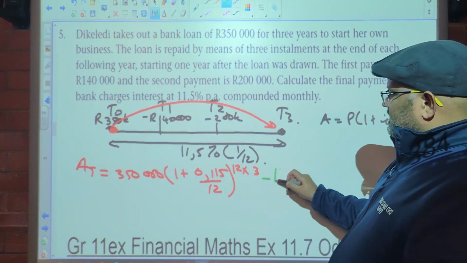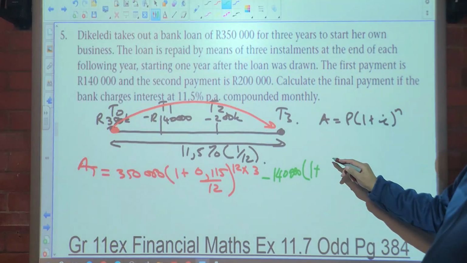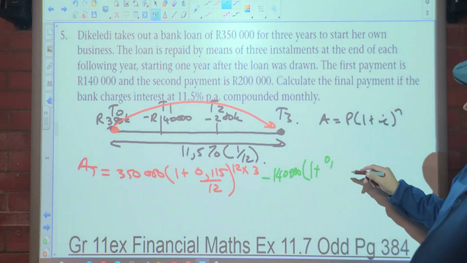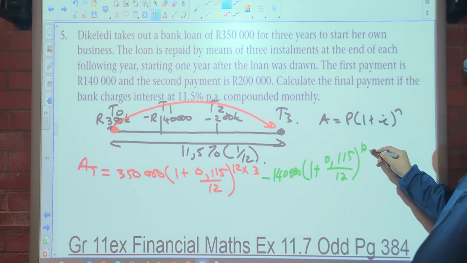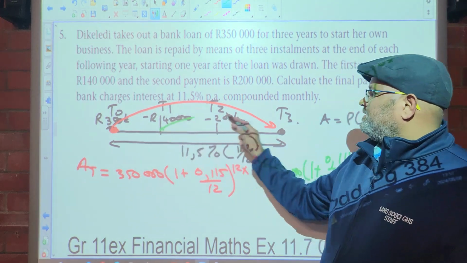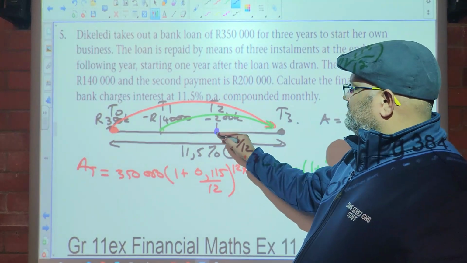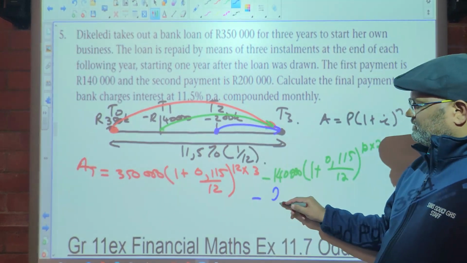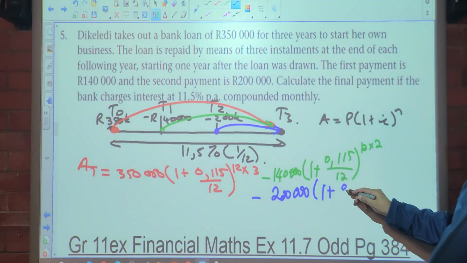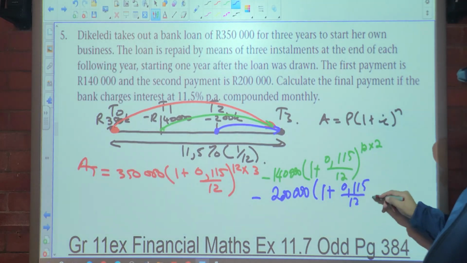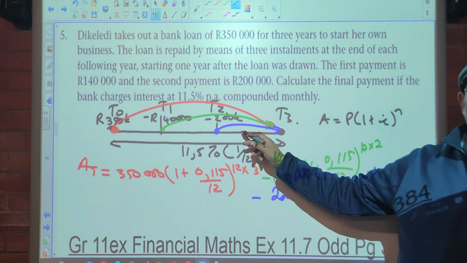Minus 140,000 rand into 1 plus 0.115 over 12 to the exponent 12 times, for 2 years. Minus 200,000 into 1 plus 0.115 over 12 to the exponent 12 times 1, as it is for 1 year.